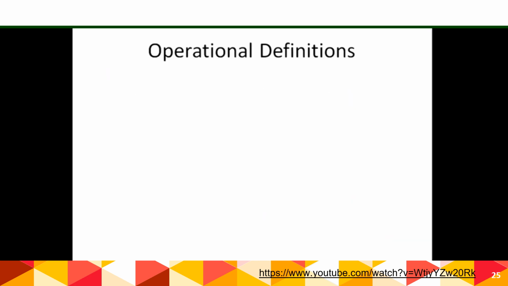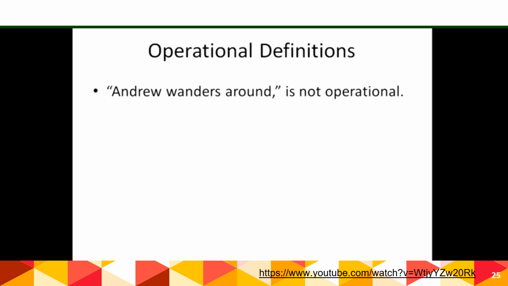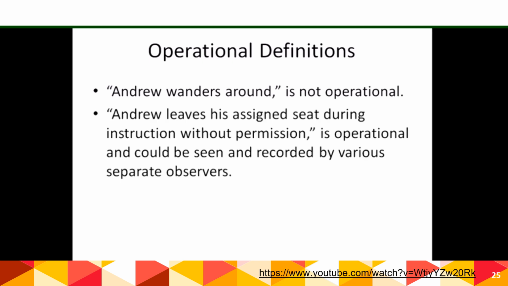Operational definitions. Andrew wanders around is not operational. Andrew leaves his assigned seat during instruction without permission is operational and can be seen and recorded by various separate observers.